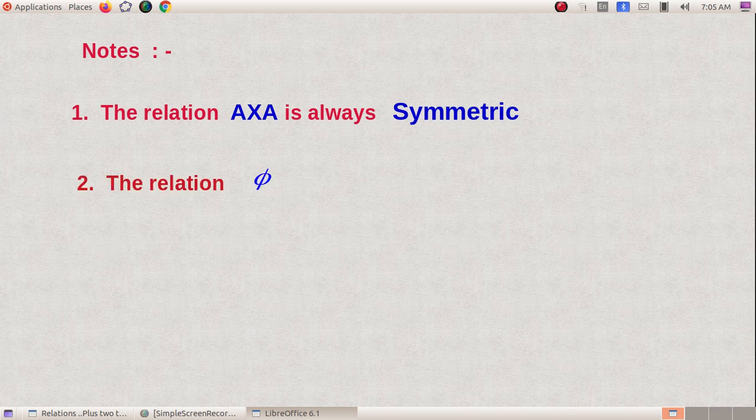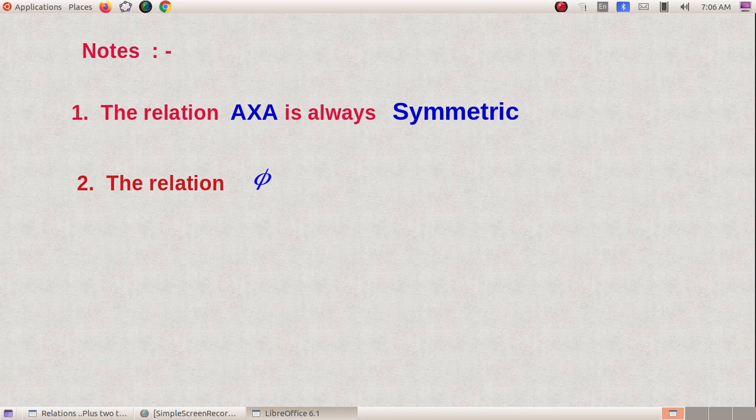What about this relation phi? Is that relation symmetric? Okay, let us check. Can you find an ordered pair (a, b) in phi such that (a, b) belongs to R and (b, a) does not belong to R? No. What is the reason? Because there is no element in phi. It means there is no element (a, b) in phi such that (a, b) belongs to phi and (b, a) does not belong to phi.